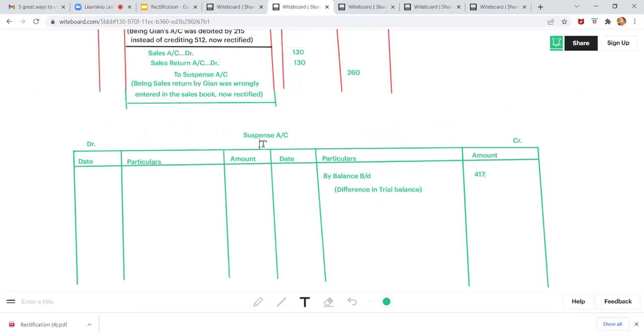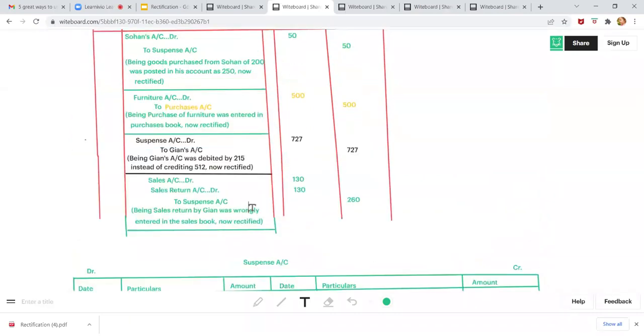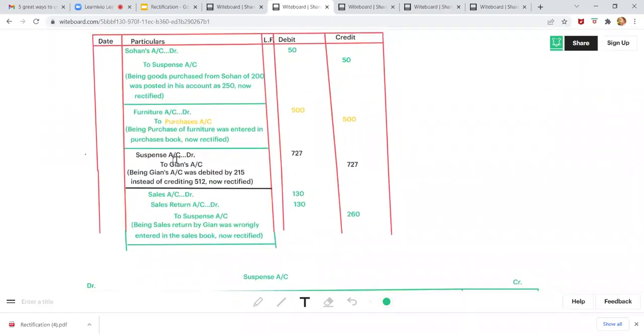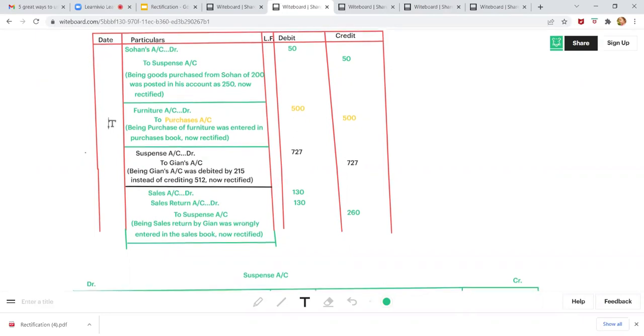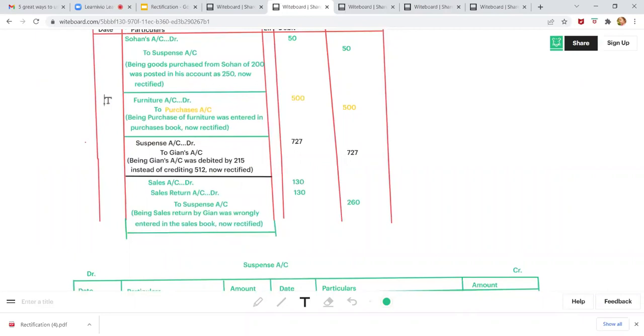Now let us see where we have opened the suspense account. In the first entry, we have Sohan's account debit to suspense account. So here we have the error due to Sohan's account. We will find the error by creating a suspense account.